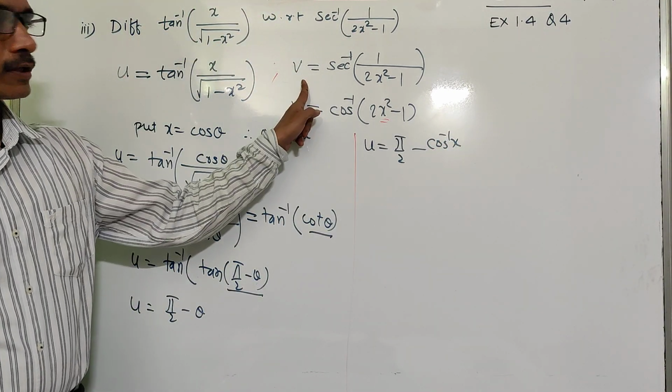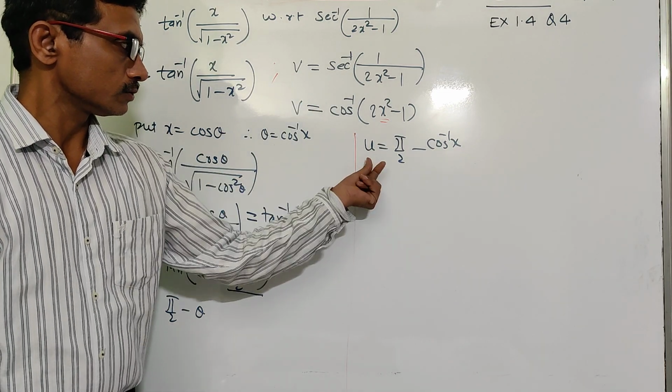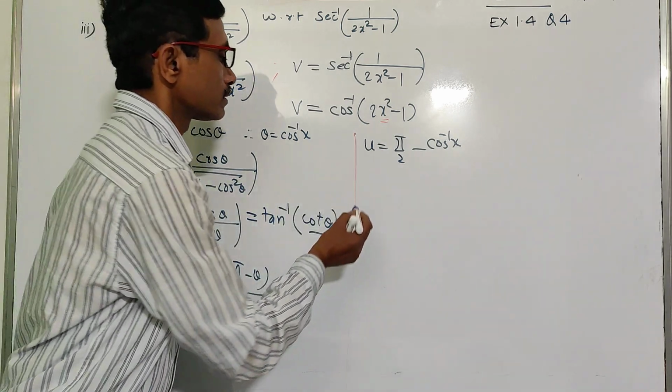Derivative of u with respect to v we are interested to find. So du by dx: u is a function of x, so here the parameter will become x.